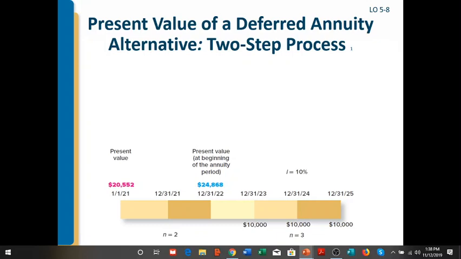So here, there's a couple of different ways you can do this. One way is simply go to present value of 1 at 10% interest. That would be table 2.